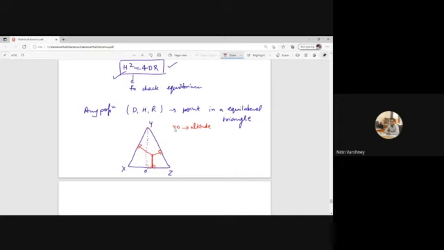So if I consider this edge D, this is H and this is R, and this is some point P, then D plus H plus R will be equal to the altitude. So this is the equilateral triangle. So we can say that this is a point in the equilateral triangle, and these all three are our D, H and R. That is just for representation.